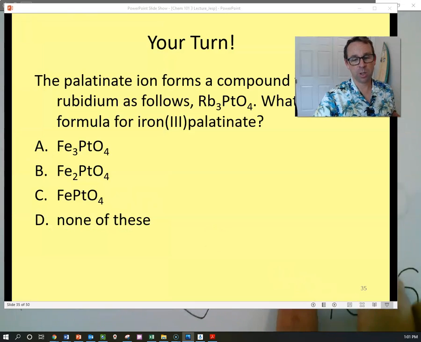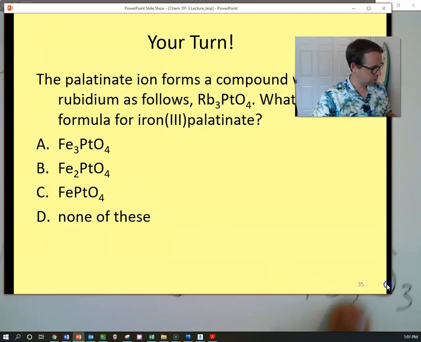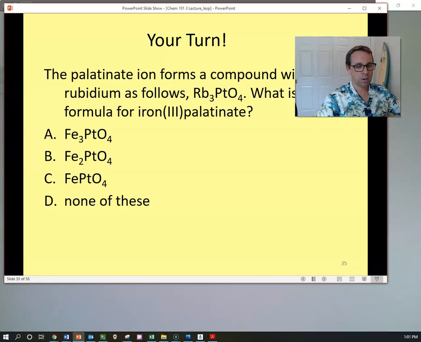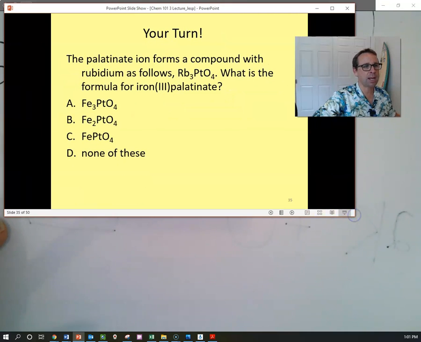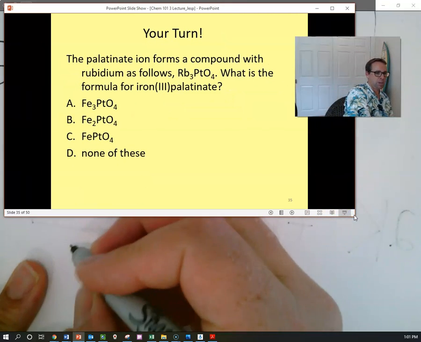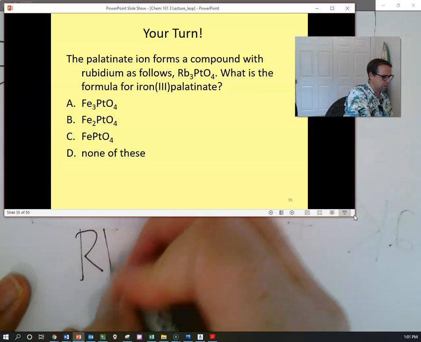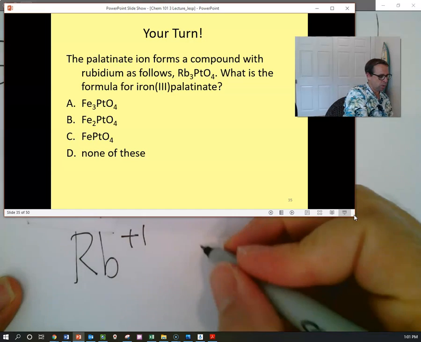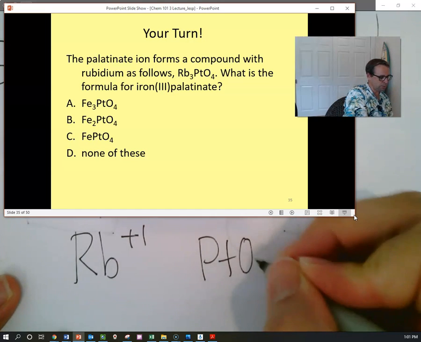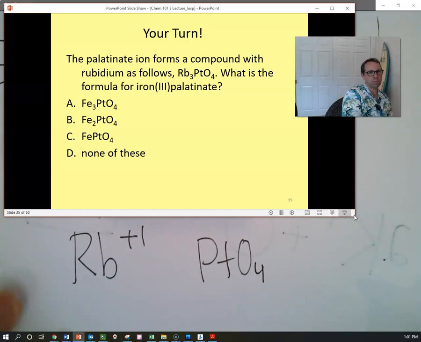Yeah, that's right, positive 1 charge. So we see that this compound, which we've never heard of before, rubidium platinate, apparently the rubidium must be a +1 charge. So what does that tell us about the PtO4? What's the charge on the PtO4 ion?